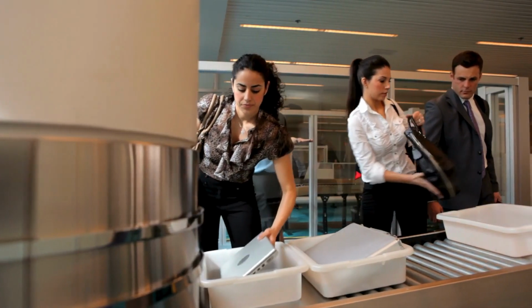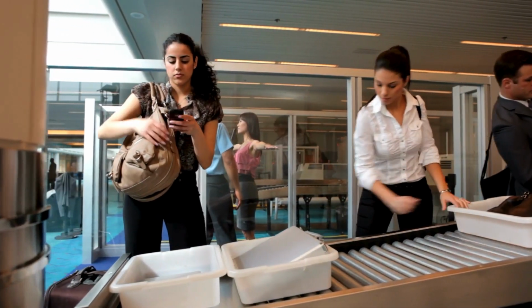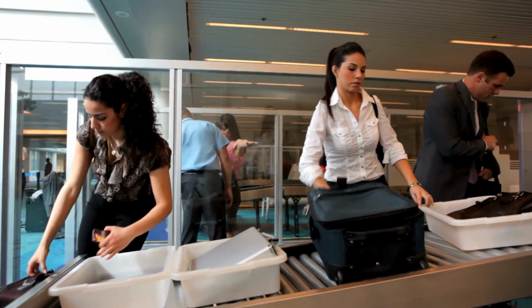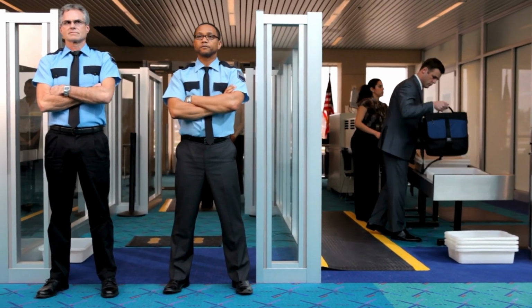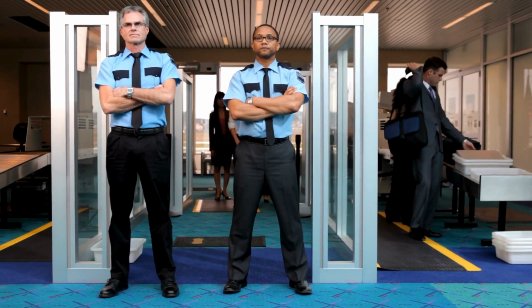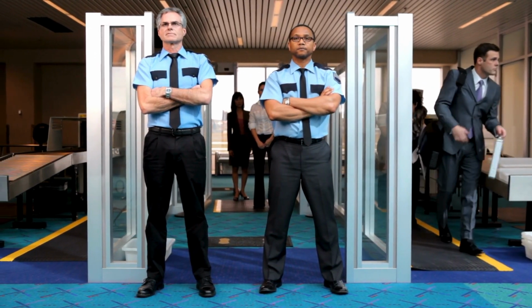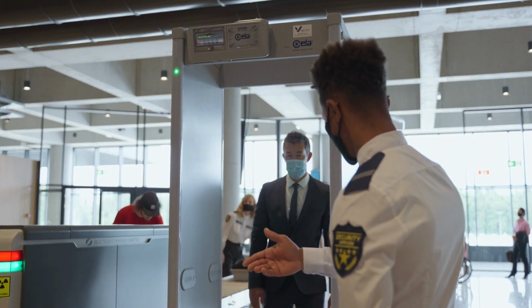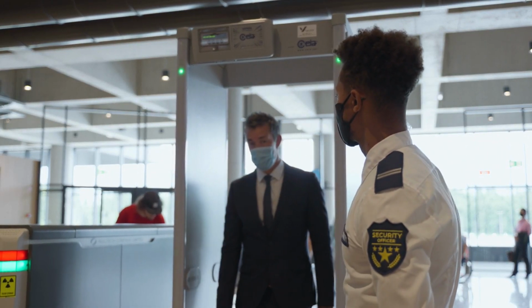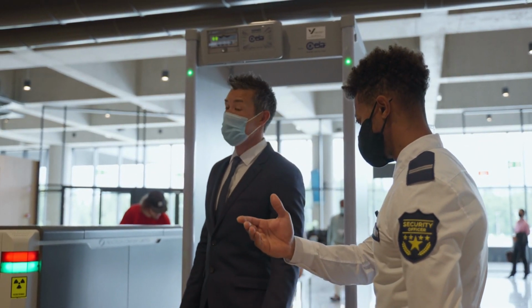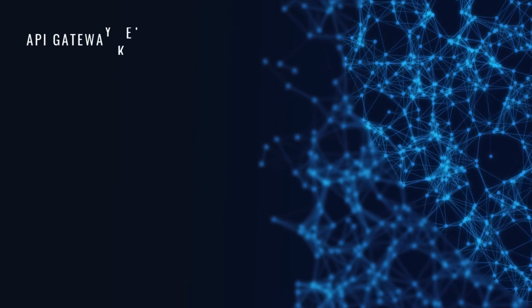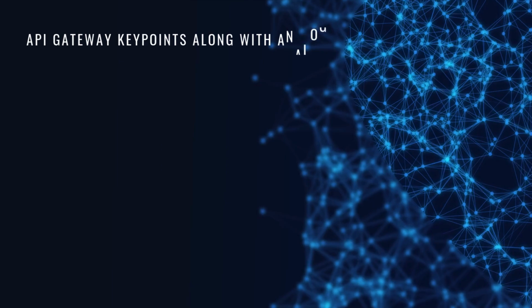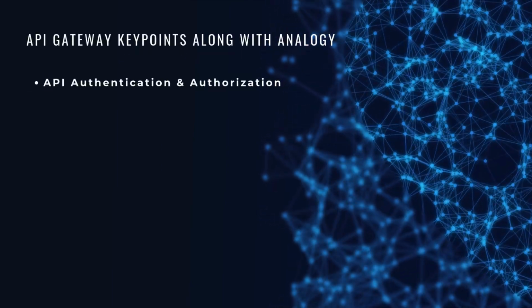Let's take an analogy of an airport, where the API gateway is like an airport security checkpoint which ensures passengers, or the API requests, get authenticated, get through, and are directed to the right terminal in terms of backend services. When we consider key points of an API gateway, one would be identity verification of passengers, in terms of API authentication and authorization.